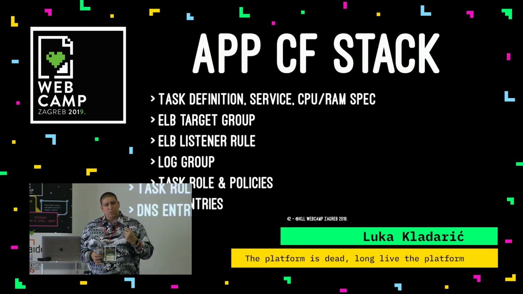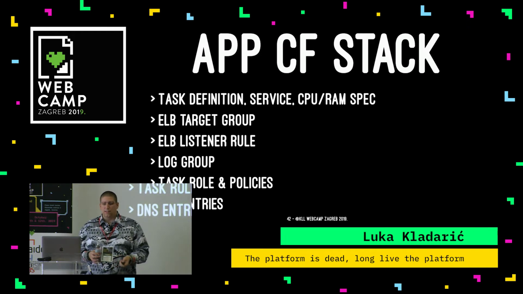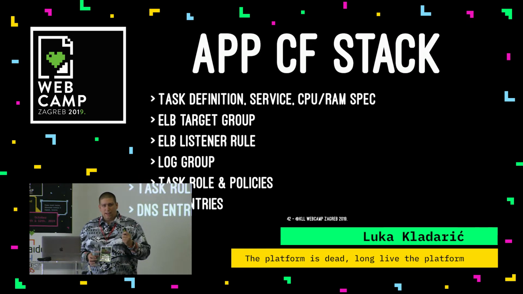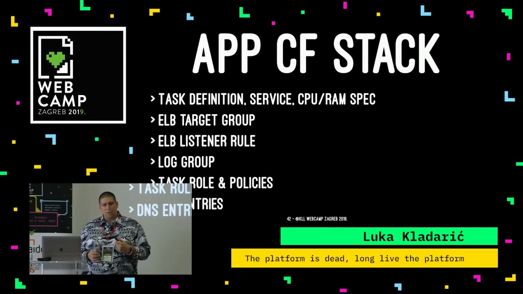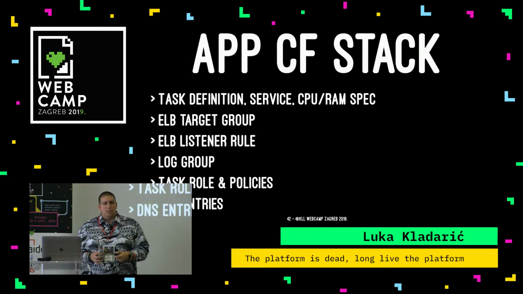The listener rule, which defines which host name the application responds to. The log group, so automatically all containers log to the same place. Task role and policies. This is very cool. Each application gets its own task role, and you can attach policies for what it's allowed to do within Amazon directly there. So if I need an application to be able to read from a bucket, I can just put it straight in the policy, and that's it. And also the DNS entries, any additional DNS entries, and so on.